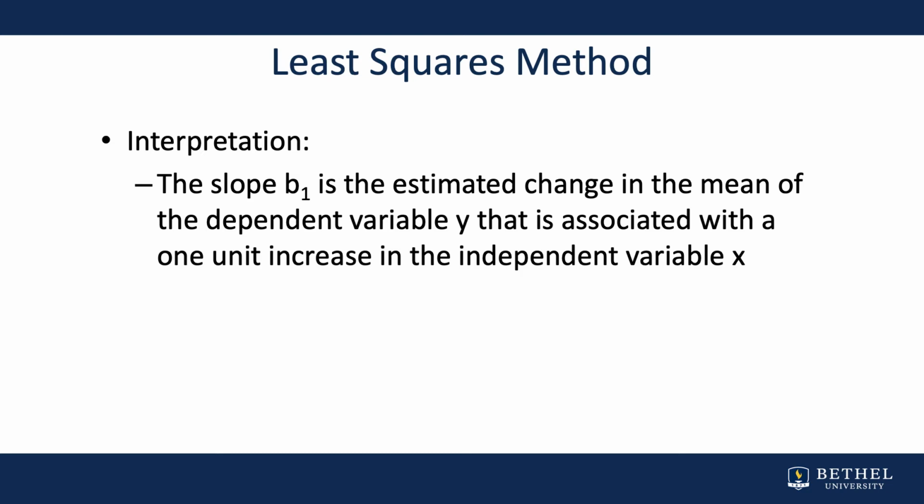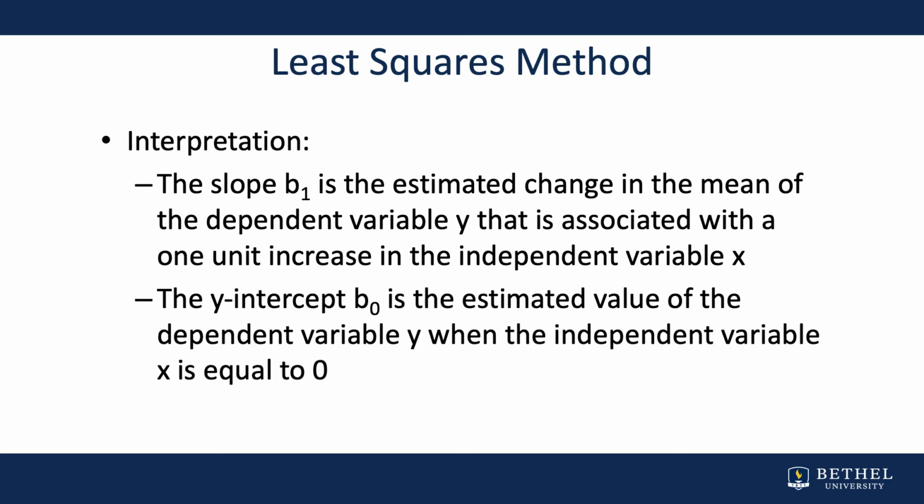The slope, b sub 1, is the estimated change in the mean of the dependent variable y that is associated with a 1 unit increase in the independent variable x. The y-intercept, b sub 0, is the estimated value of the dependent variable y when the independent variable x is equal to 0.